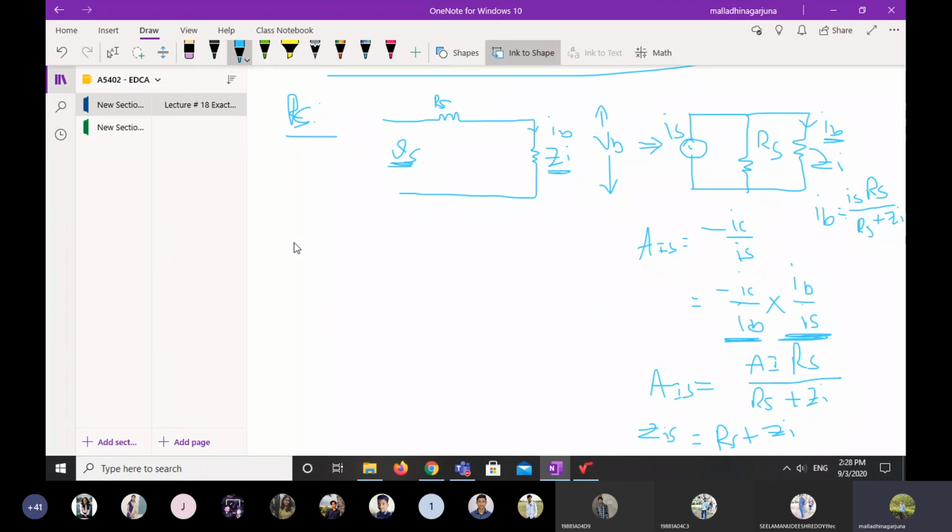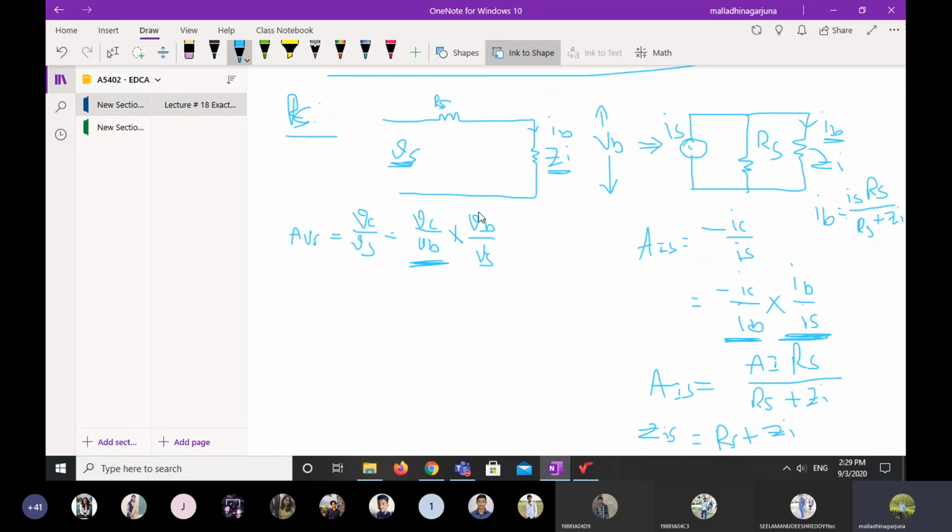And the next is voltage gain. So this is AVS, with source resistance, equal to output voltage VC divided by source voltage VS. This I can write as VC divided by VB into VB divided by VS. VB cancels, and you get VC by VS. The first part is already calculated, that is AV.